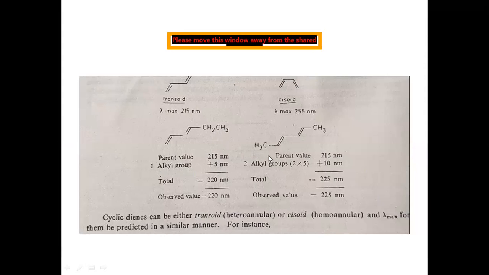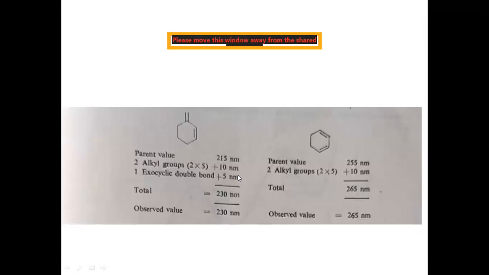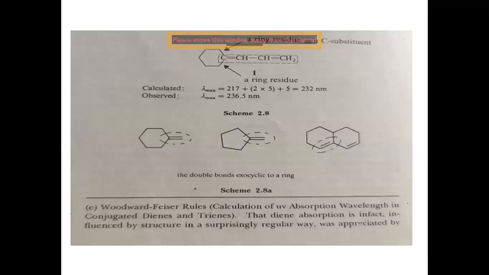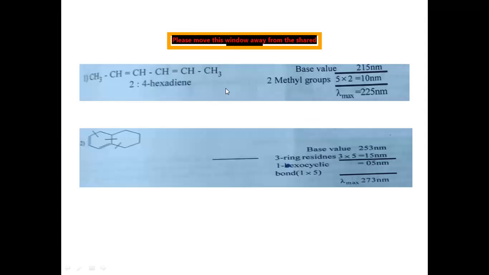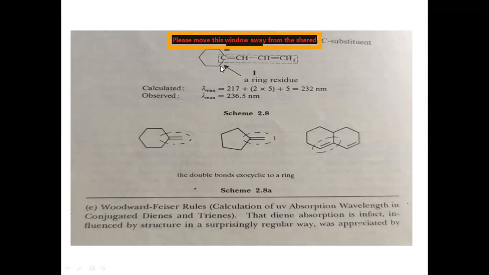For example, let us see an example. Let us take this example. This is the parent diene, 1,3-butadiene. In this 1,3-butadiene, this is the alkyl substituent shown here, one alkyl substituent.